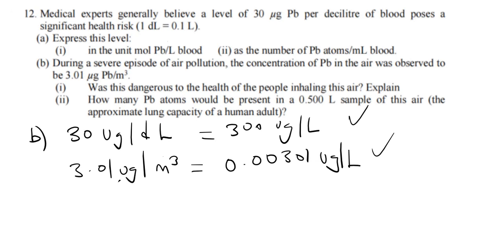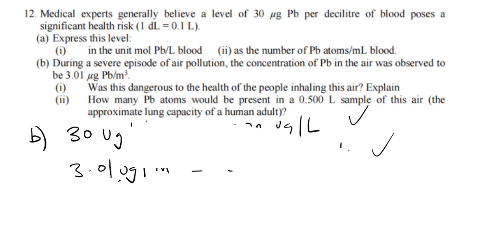Then we come to the other one, which is: how many lead atoms will be present in a 0.5 liter sample of this air, the approximate lung capacity of the human adult? How many lead atoms would be present in 0.5 liters?